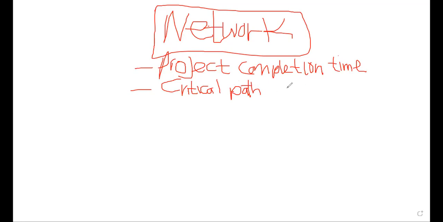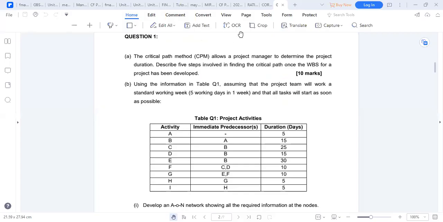So critical path simply means the longest path. Then from here, we look at this question.